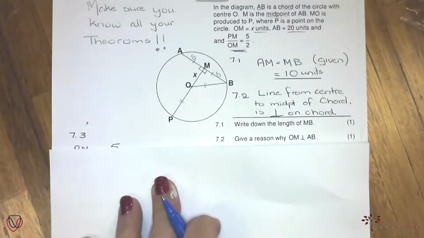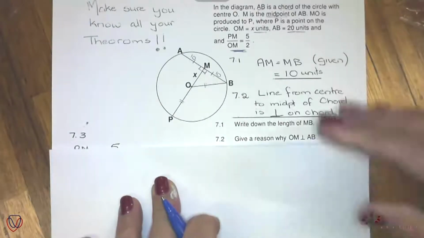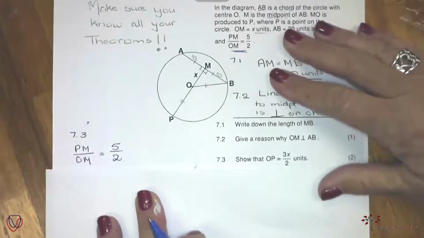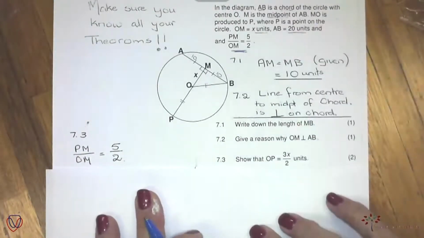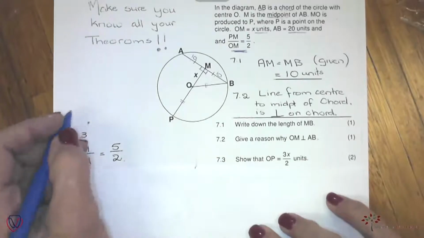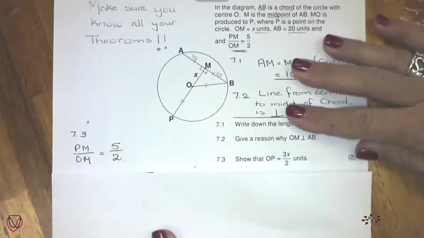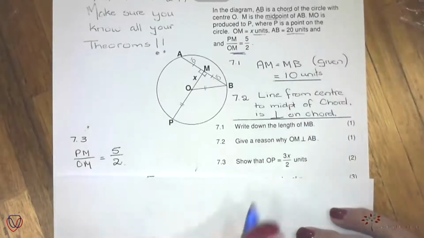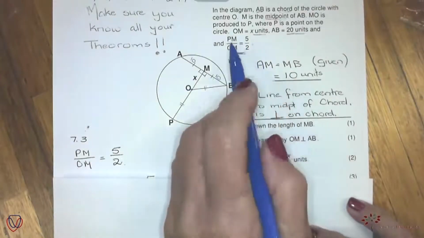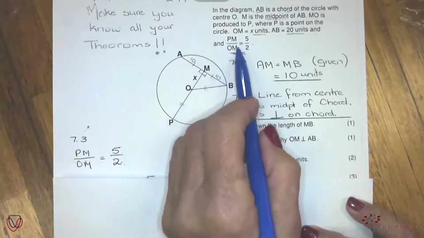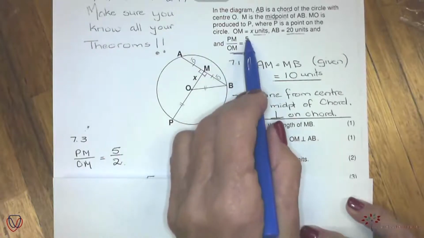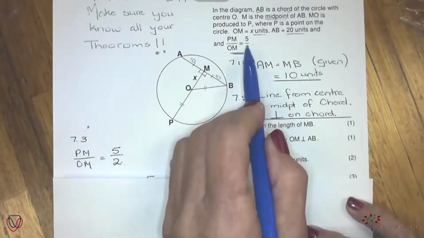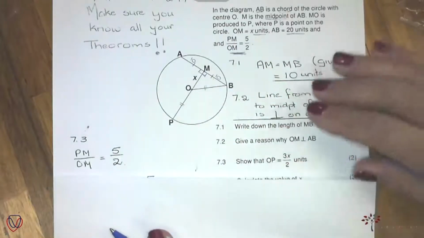Keep that in mind for this one, because they said, show that OP is 3x over 2. We are going to start with the ratios because this is going to be part of a ratio question. The ratio that they gave us, PM over OM, is 5 over 2.